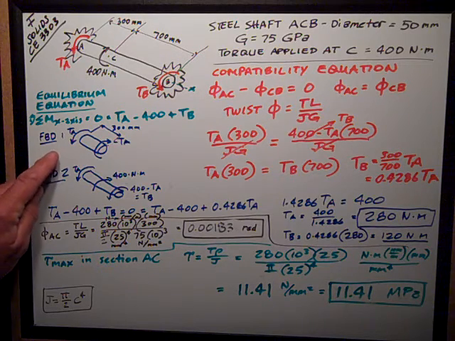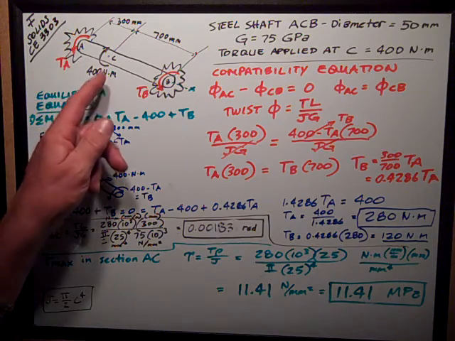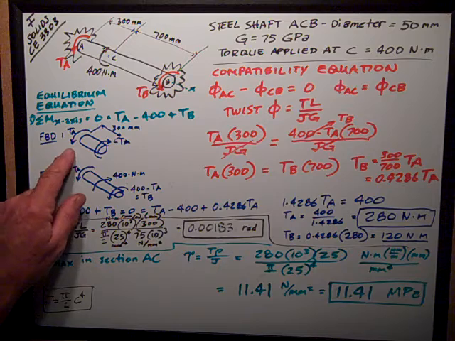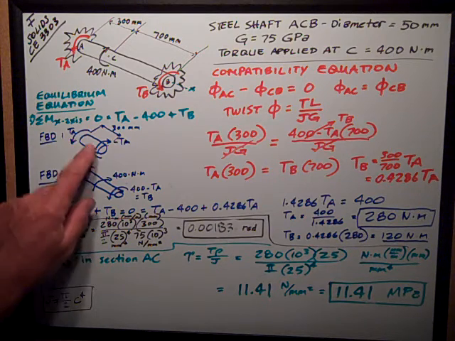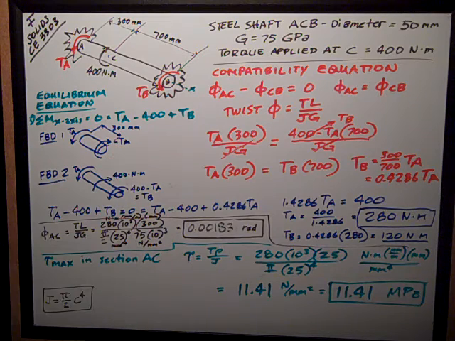Cut a little section, free body diagram 1, just to the left of point C, and my forces there are TA, the unknown, and an internal force in the opposite direction of negative TA.